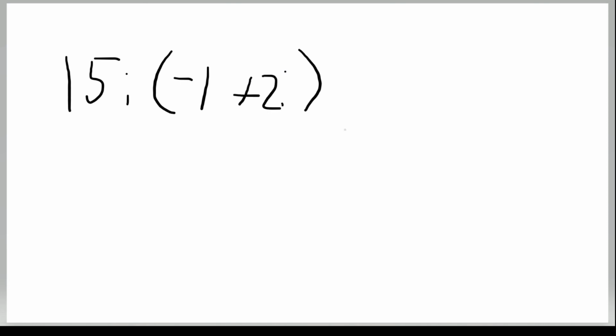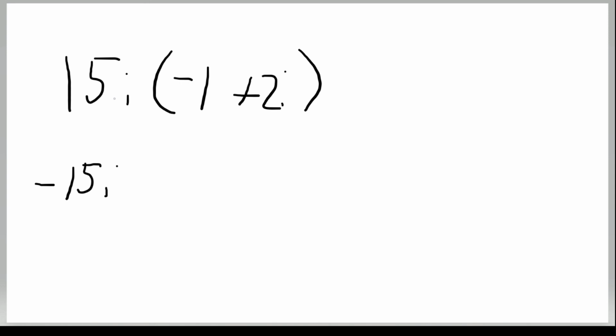Okay, let's try one more. Let's make this one also different. Let's do 15i times negative 1 plus 2i. Now this is where there's not parentheses on this side because it's only a single number. So 15i times negative 1 is going to be negative 15i.